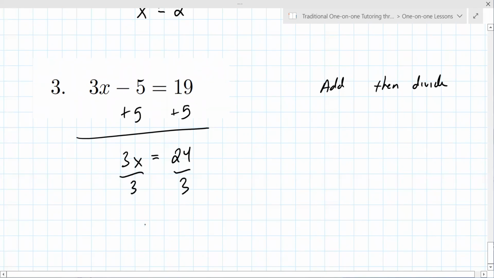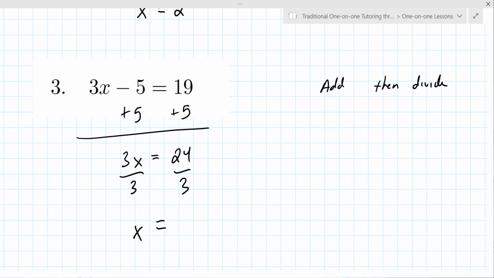Okay. So x equals, this is where you've got to have your multiplication table down. 3 times 24. So that would be 72.